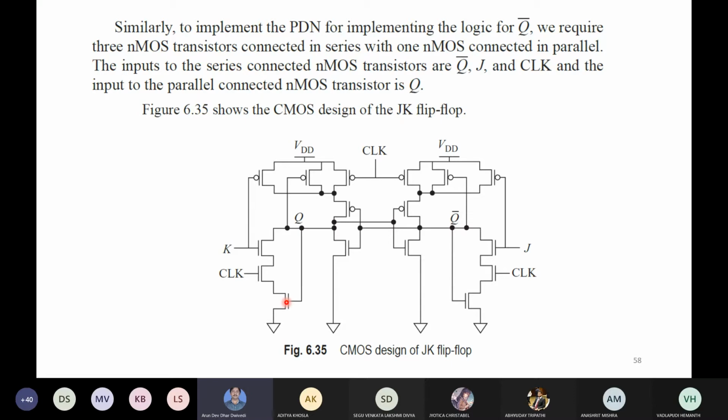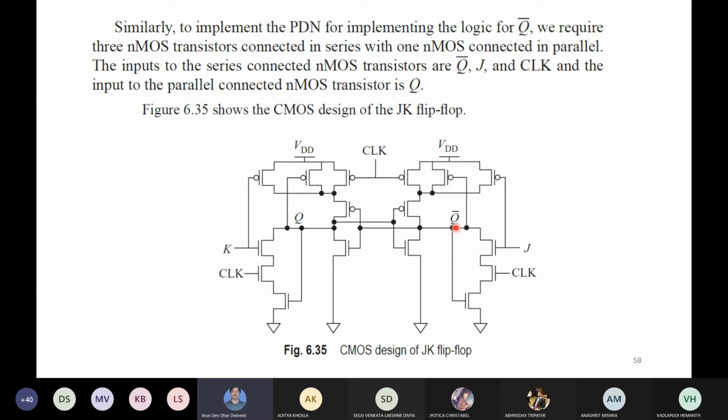Here Q is coming from this. So this Q is given, and it is basically ending up Q, CLK and K. This is done, and in parallel another transistor is required, which will be doing OR function of the Q bar.